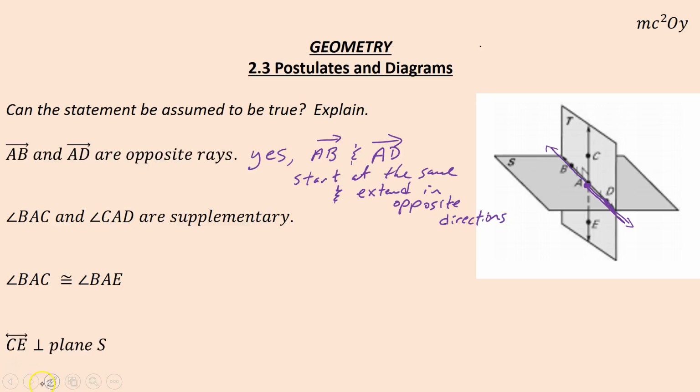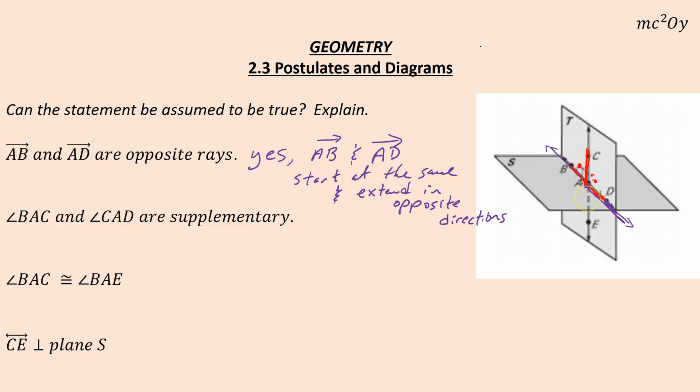All right, now I'm going to switch colors so we can do the next one. Angle BAC, so we now have B to A to C, and CAD, C to A to D, so this angle and this angle. Those two angles, if I were to trace them, are supplementary.